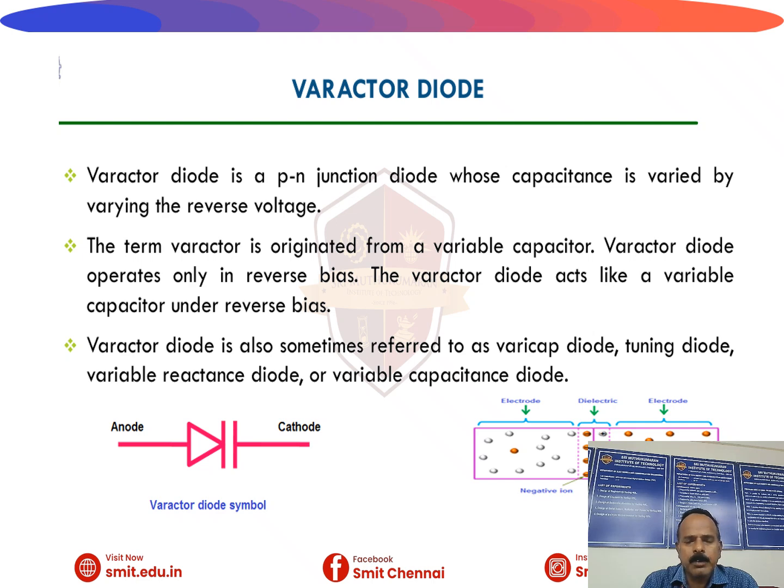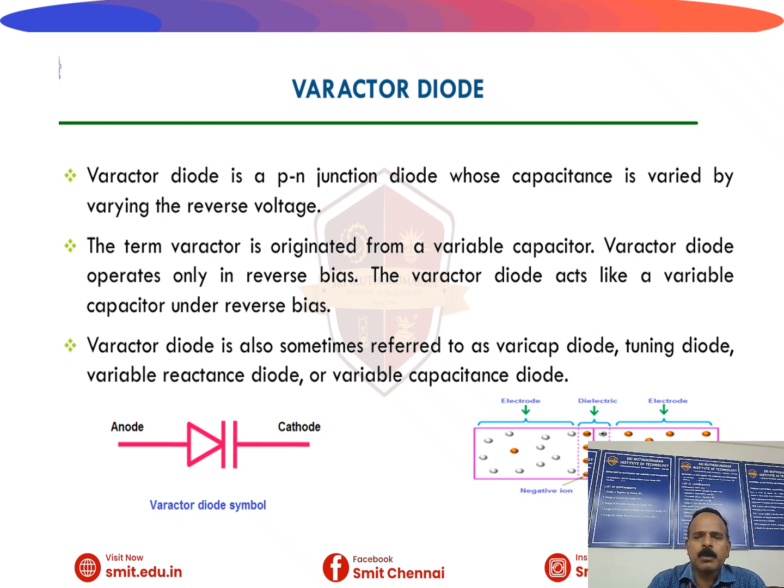Then we are going to see the topic called the varactor diode, which is also called a variable capacitance diode in nature. It is a PN junction diode whose capacitance is varied by varying the reverse bias voltage. The term varactor diode originated from variable capacitance.